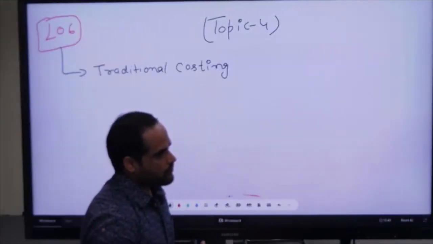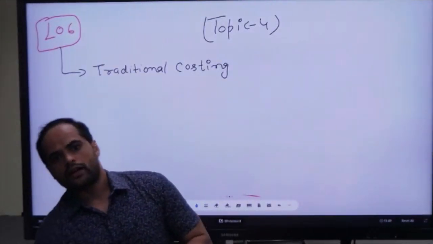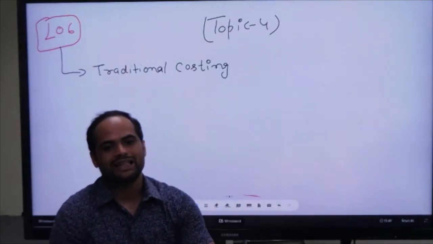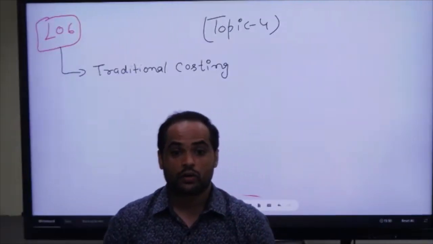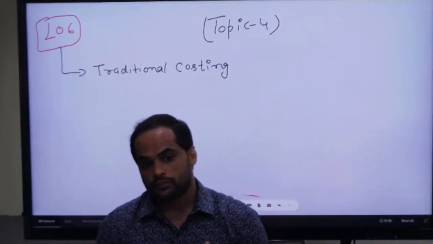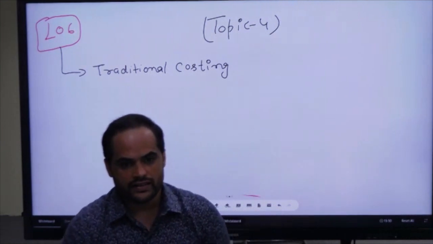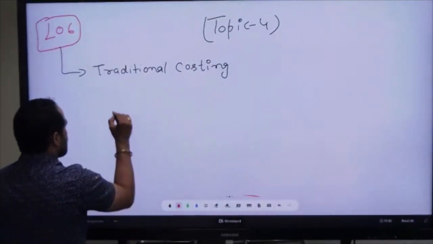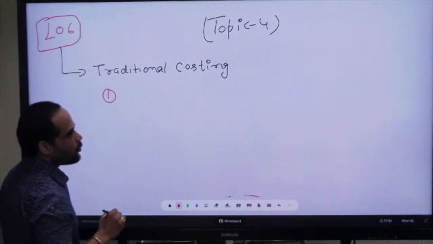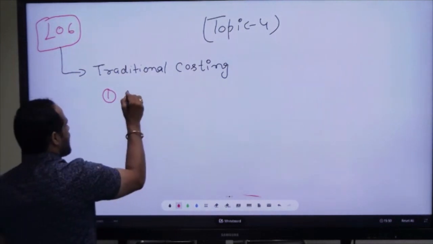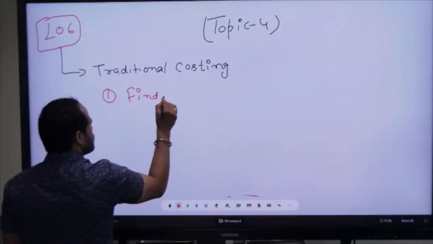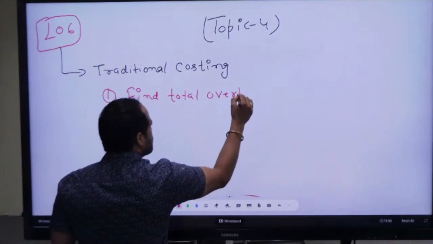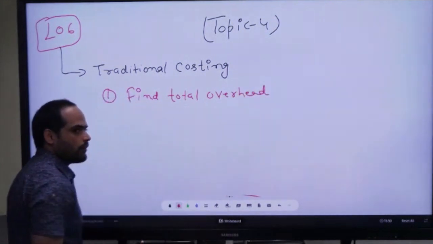In order to calculate using the traditional costing method, we have steps. We're going to follow these steps in order to estimate or allocate the total indirect cost for overheads. So we have step 1. In step 1, we will find total overheads.